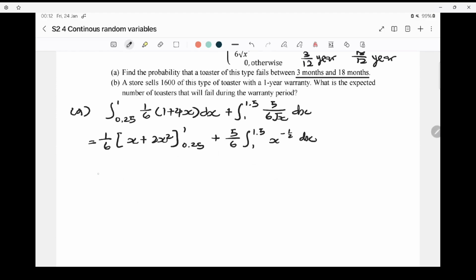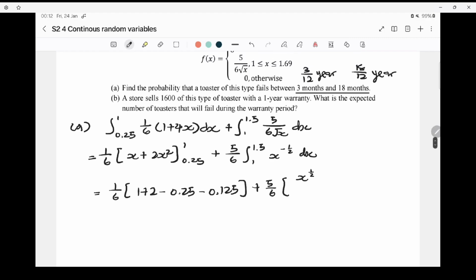So let's evaluate the first part first: 1 plus 2 minus 0.25 minus 2 times 0.25 squared, so this is 0.125, plus 5 over 6. So over here this will be x to the power of 1/2 over 1/2, from 1 to 1.5.